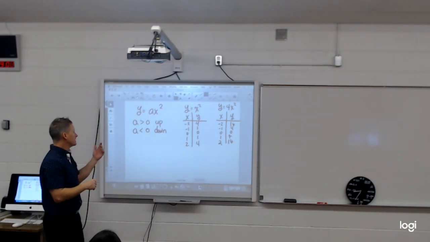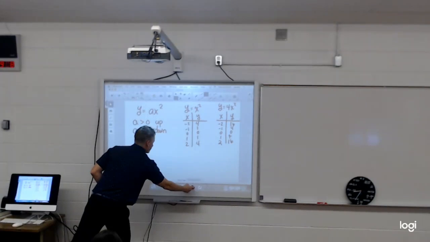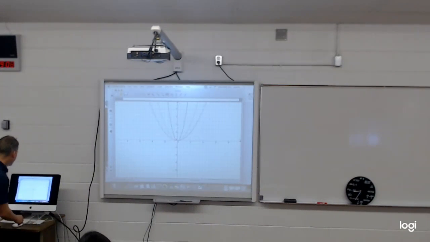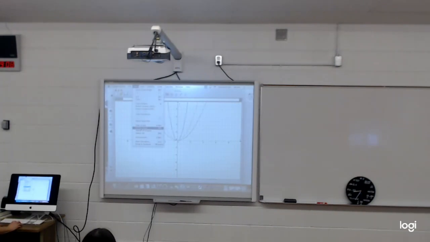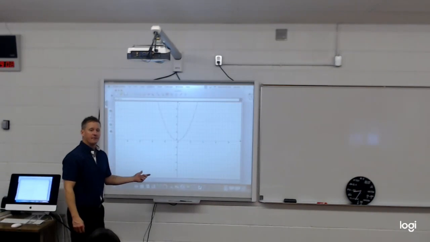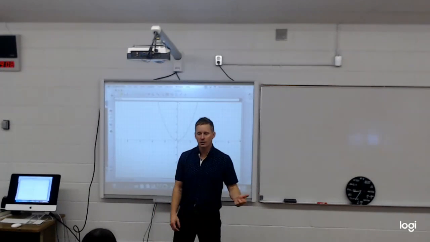I can also determine whether or not the graph opens up or down. So I'm going to delete all graphs, graph the original, x squared, and now I'm going to add a negative to it. So what's going to happen to the graph now? It's going to open down.